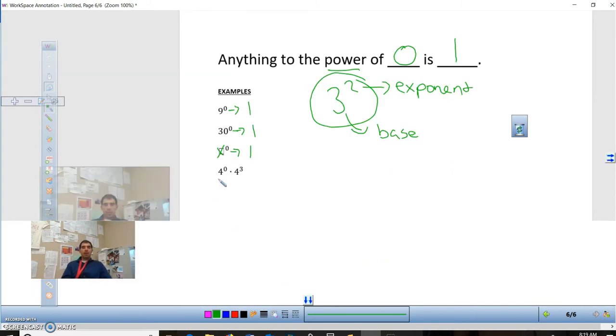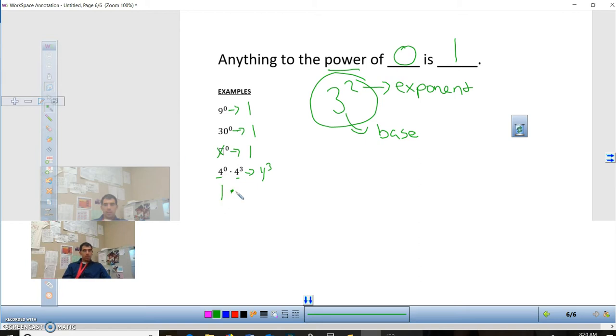So if we evaluate an expression like 4 to the 0 times 4 to the third, this is our product property, where you have two bases that are 4s and multiplication. We add the exponents, 0 plus 3, so this is just going to be 4 to the third. And the reason is, 4 to the 0 is 1.